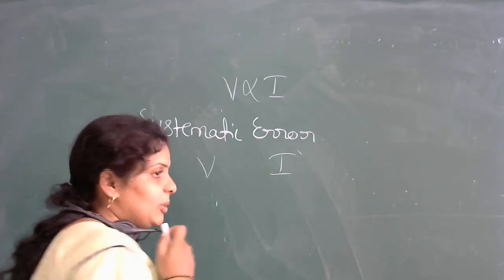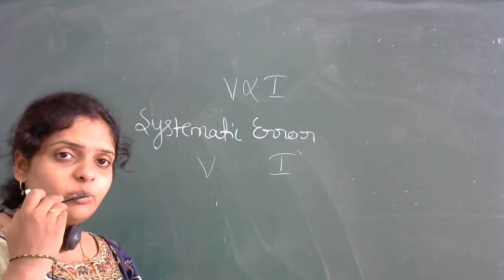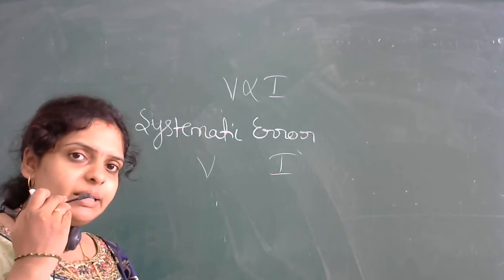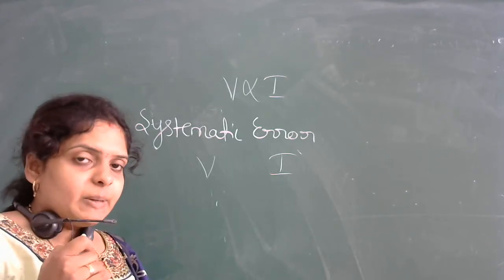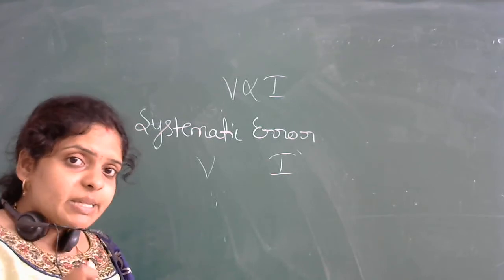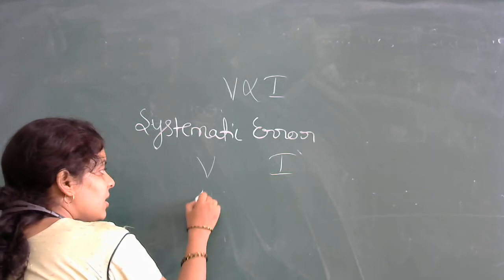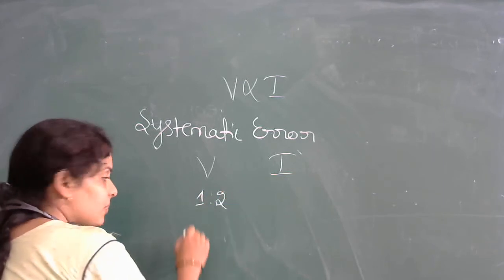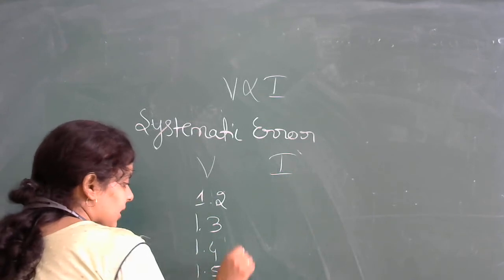You will be doing different trials. In physics, whatever practicals you do, you repeat the experiment a number of times. Suppose the first voltage value is 1.2, the next is 1.3, then 1.4, 1.5.